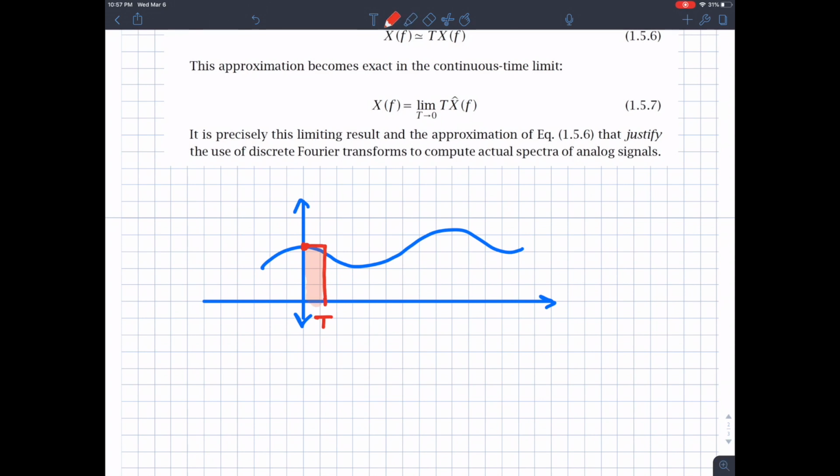If this is f of t, then this first sample value would be f0.